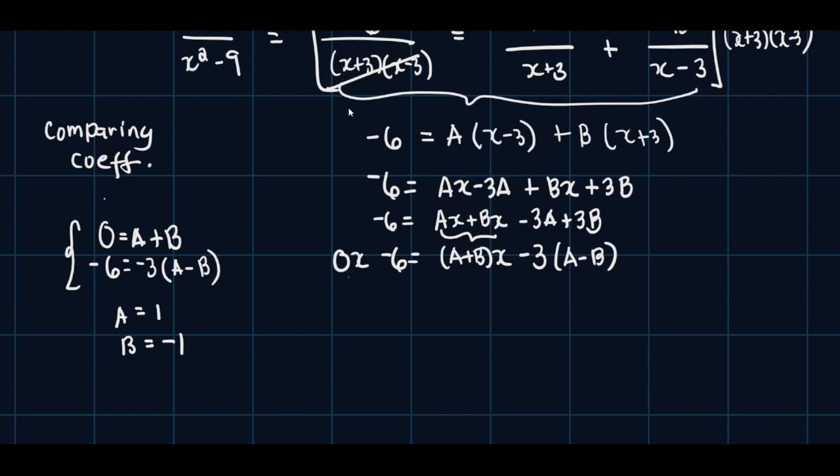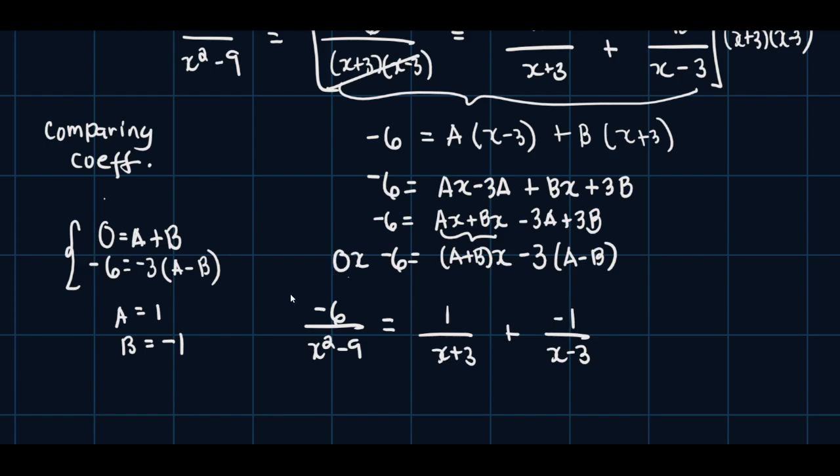So, balik na tayo dun sa gusto nating makuha. So, again, we have negative 6 all over x squared minus 9. Nasulat natin to as a over x plus 3 plus b all over x minus 3. Now, since we've already solved for the values of a and b, pwede na nating tanggalin yung placeholders natin. So, we have here a equal to 1 and b equal to negative 1.